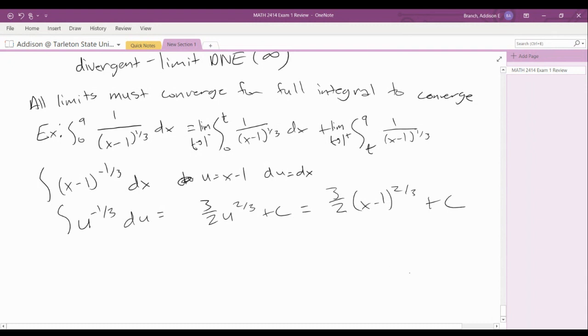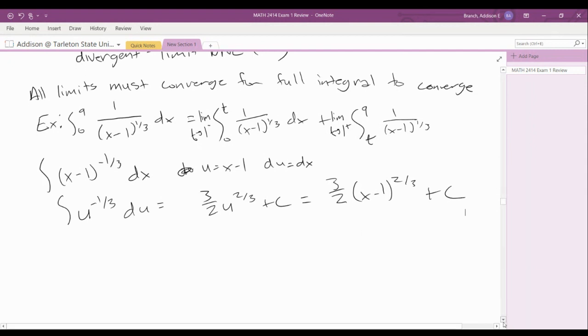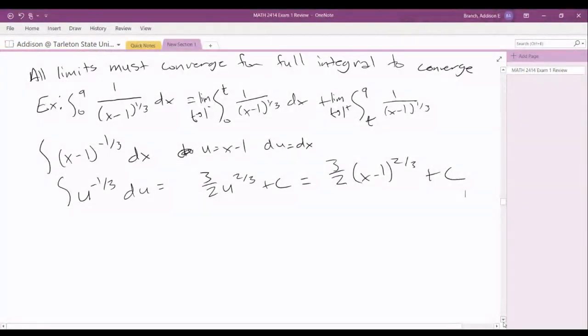So now we need to look at our two individual integrals. If we have our limit, let's look at this one first.